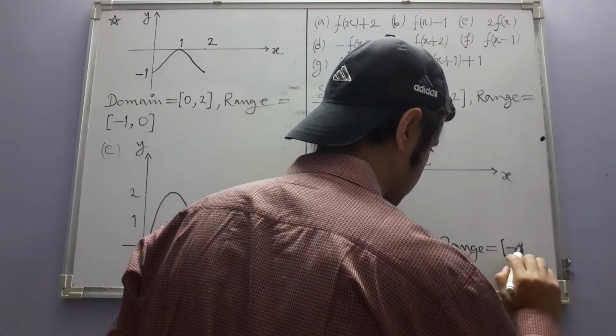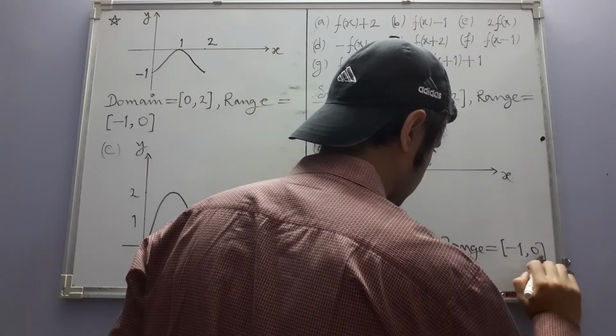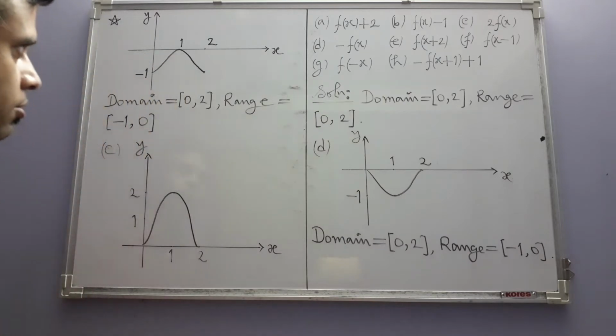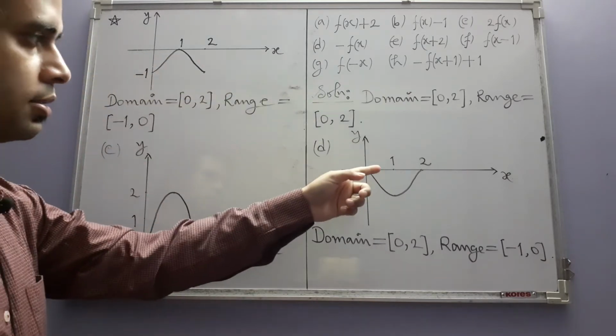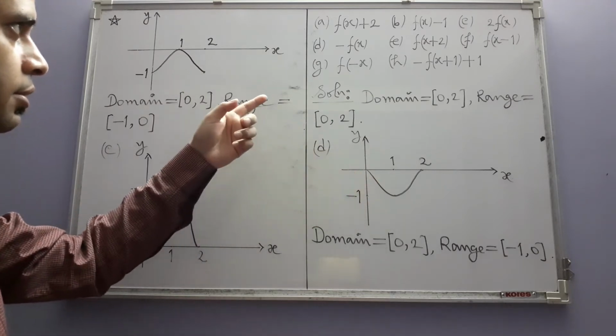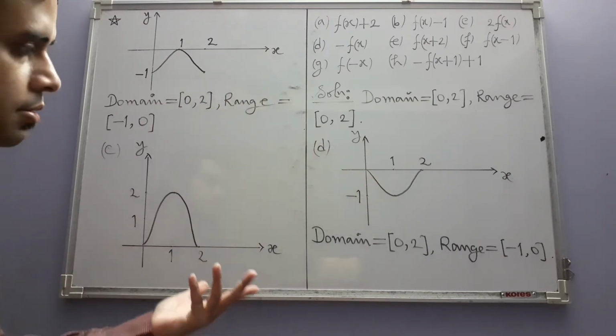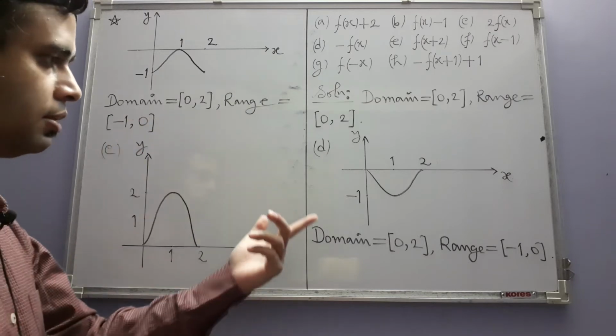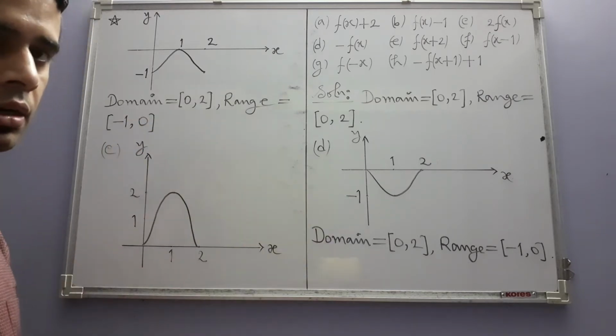It is -1, 0. Note that these two functions, the functions that correspond to these two graphs, they are different functions, but still they have the same domain and same range. That of course can happen.